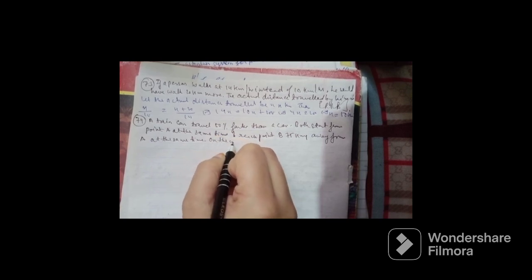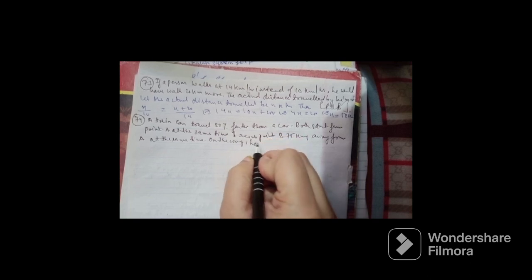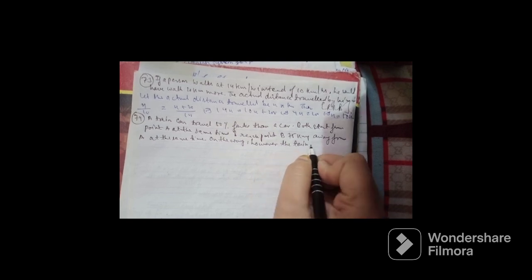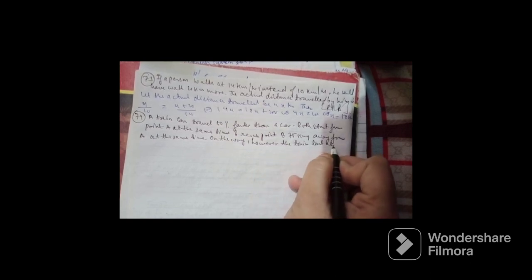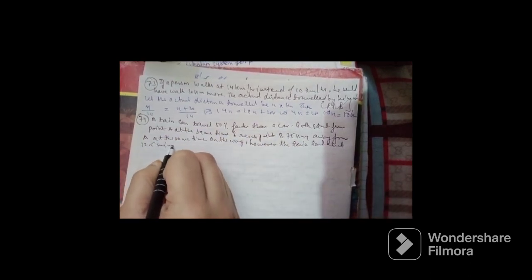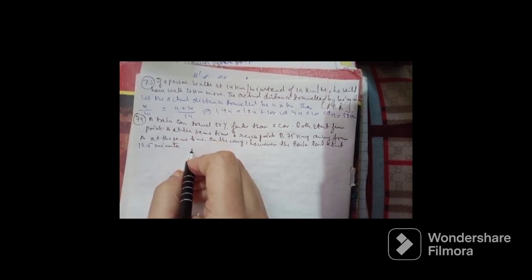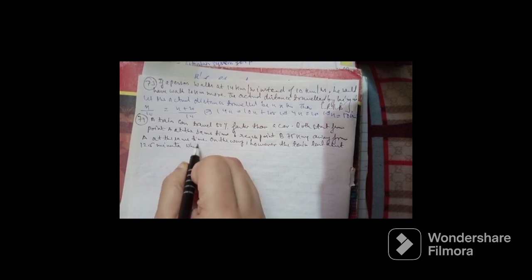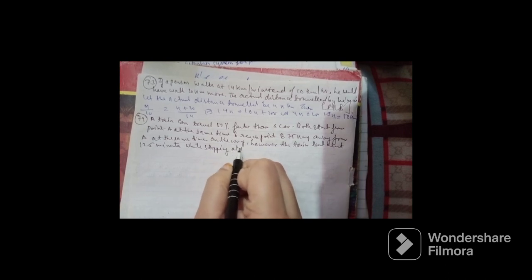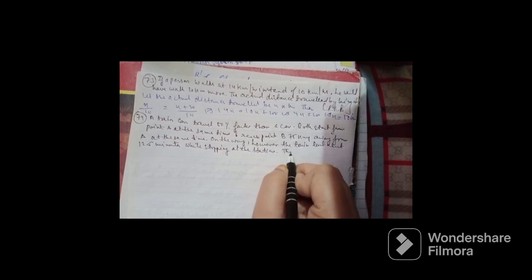On the way, however, the train lost about 12.5 minutes while stopping at the station. The speed of the car is?